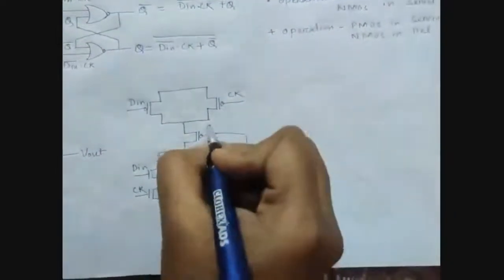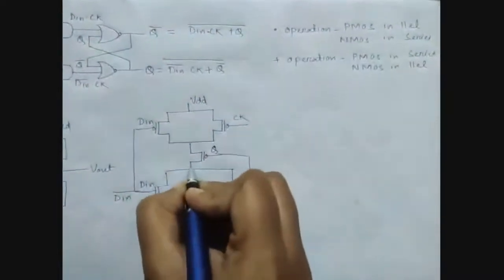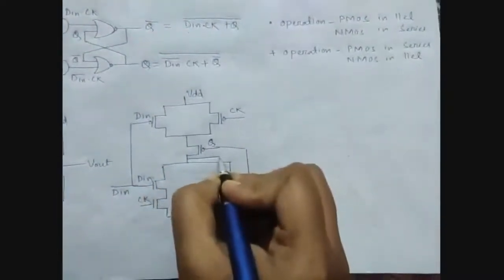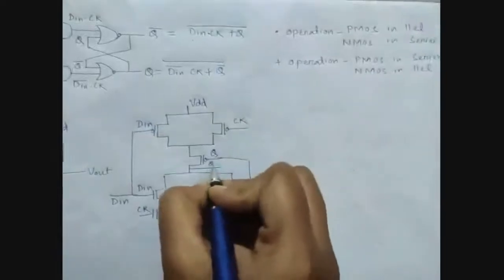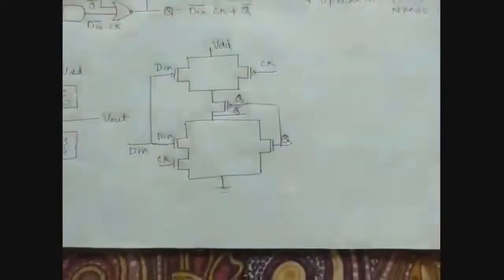This one is Q, here D in. The other end we connect to VDD, and from this point we take our output, Q bar. So one half of this logic diagram, the upper half, is complete.